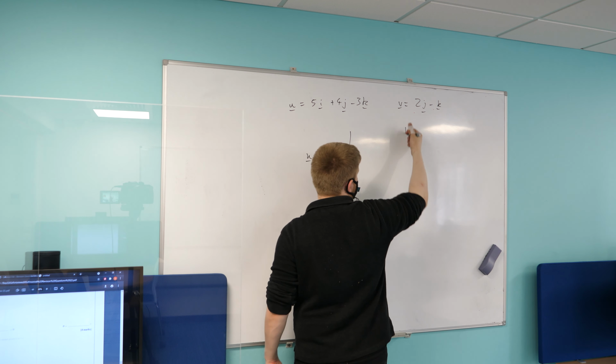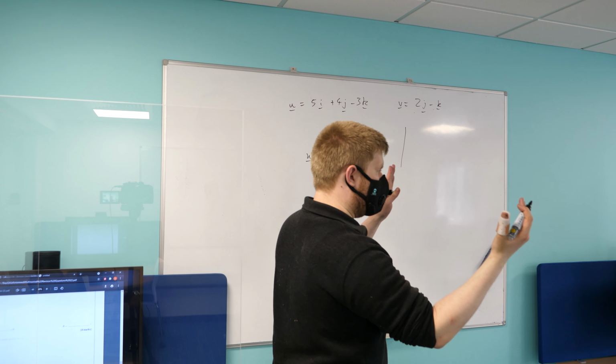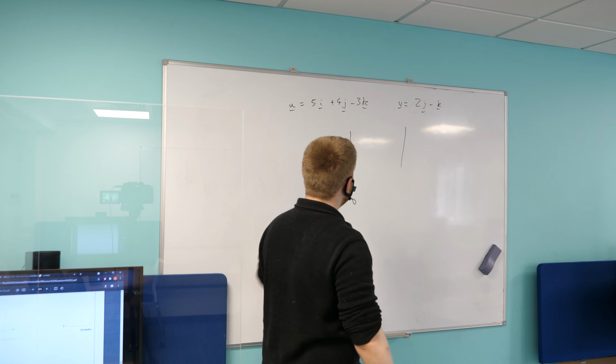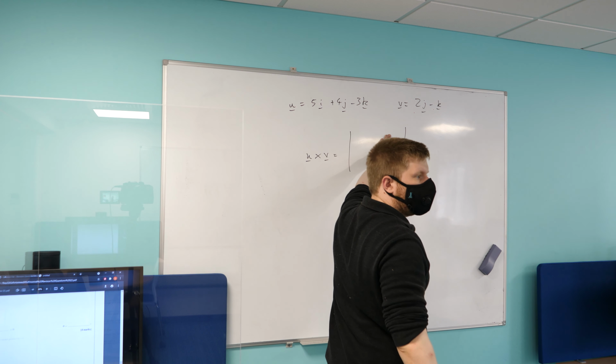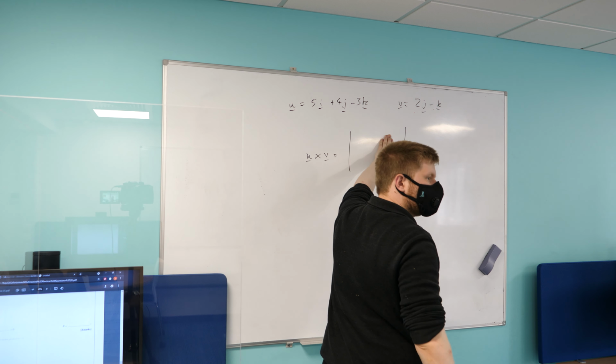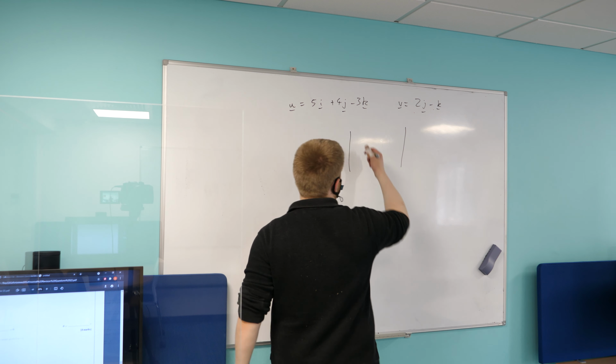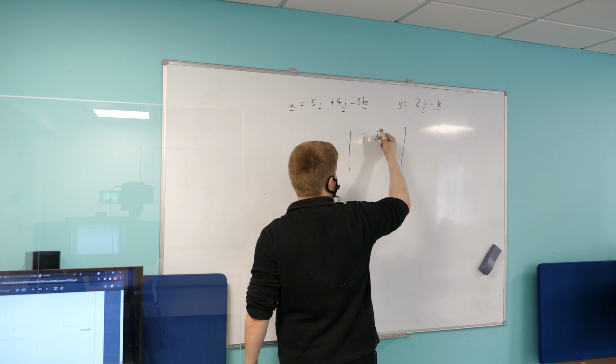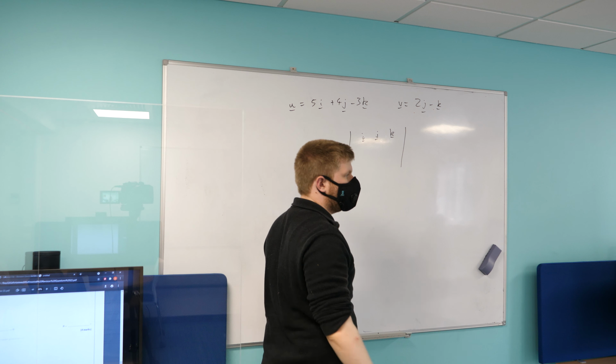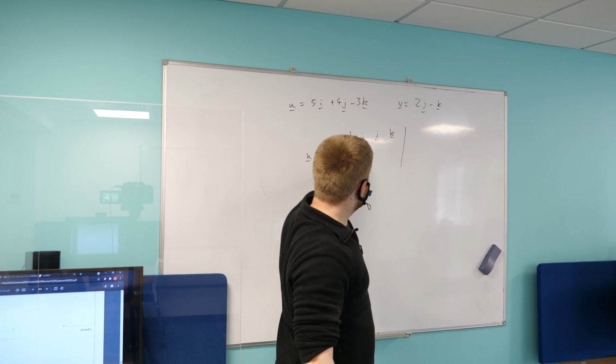Remember, put the straight lines on each side of the matrix, that means determinant. What goes across the top row of my matrix? Yep, the i, j, k. Because we're expecting a vector out the other side, we need to keep that i, j, k there.